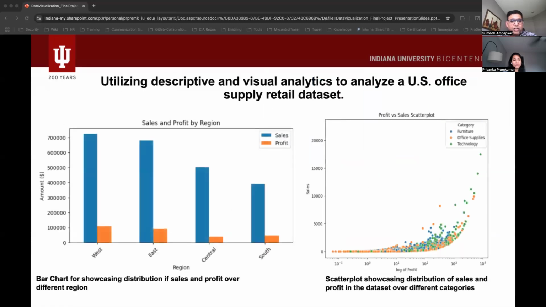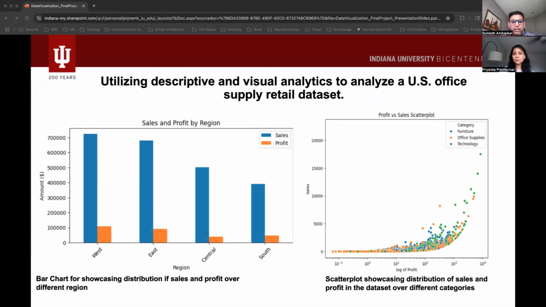So here we start with our first objective, where we want to understand the utilization of the sales data in the supply retail data set. Here we see that with the preliminary analysis, the western region is dominating the sales with marginal profits, whereas the south has really low profit margin with a medium level of sales.